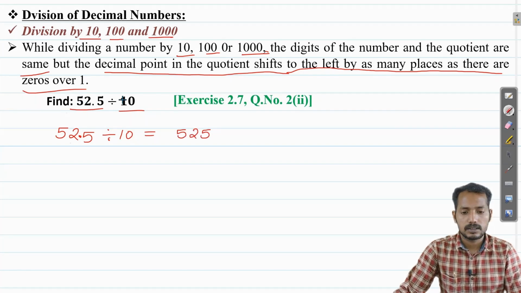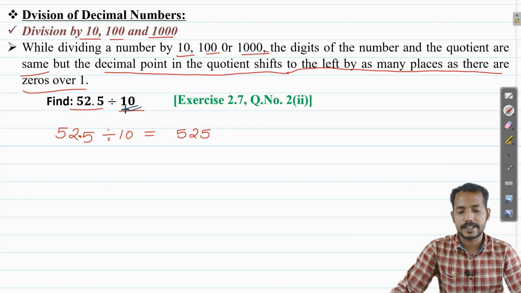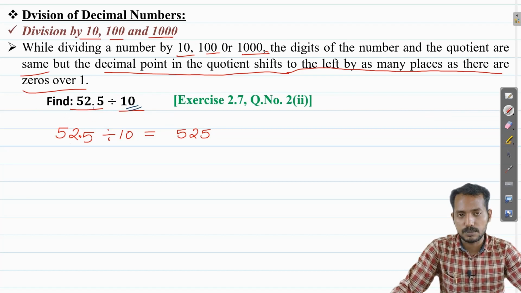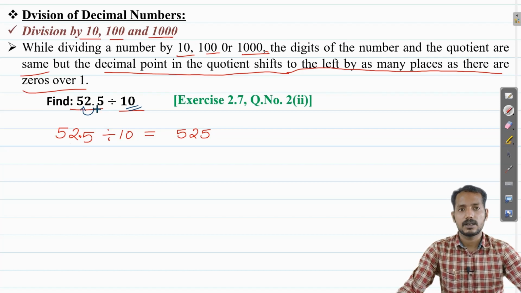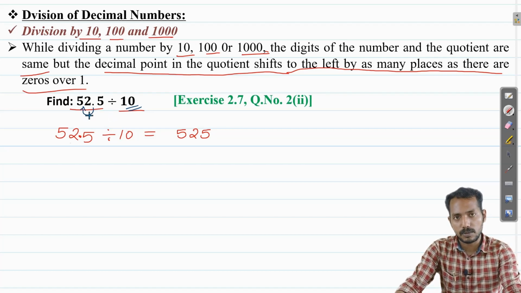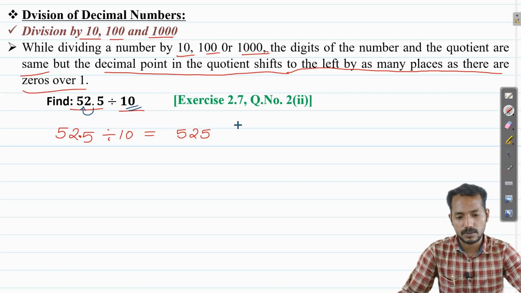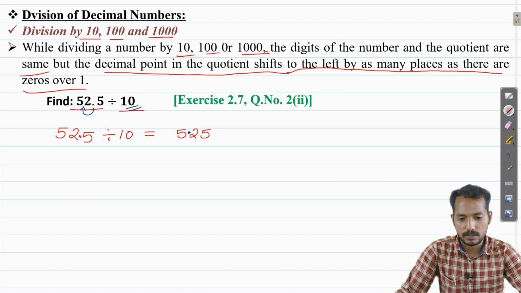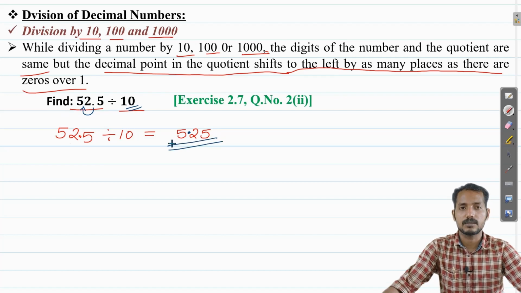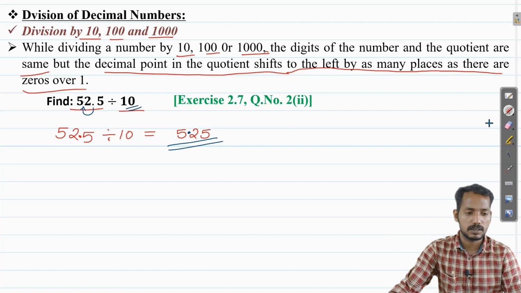Now there is 1 zero in 10, so shift this decimal point towards left by 1 place instead of right. In case of multiplication, shift it towards the right. In case of division, shifting towards the left. Only that is the difference you have to remember. So we will get 5.25. The decimal point will come here. Very simple.